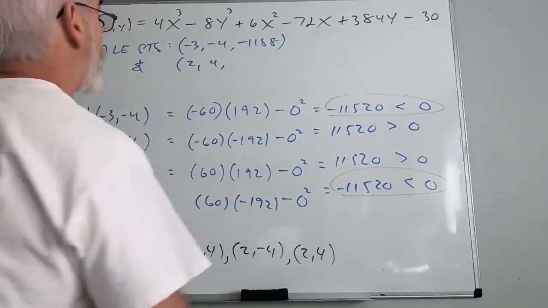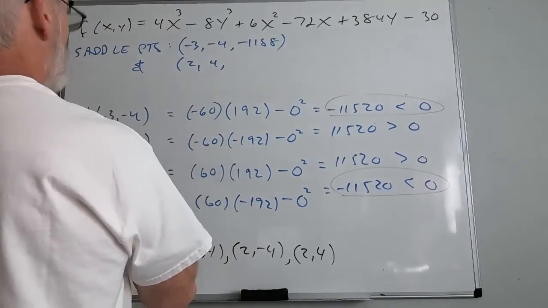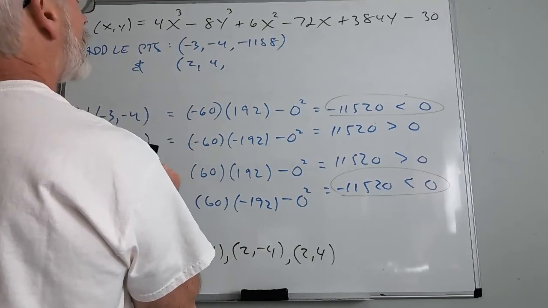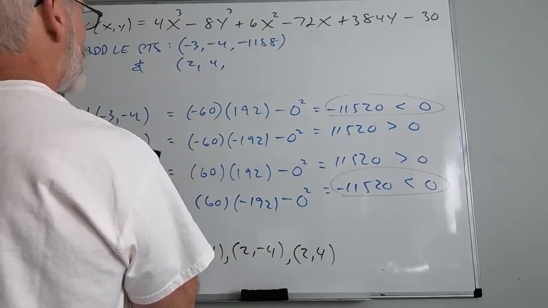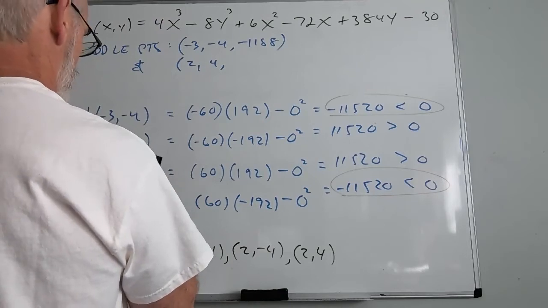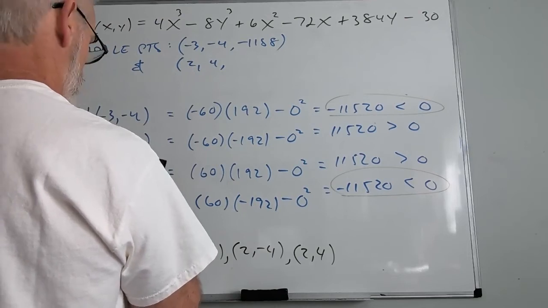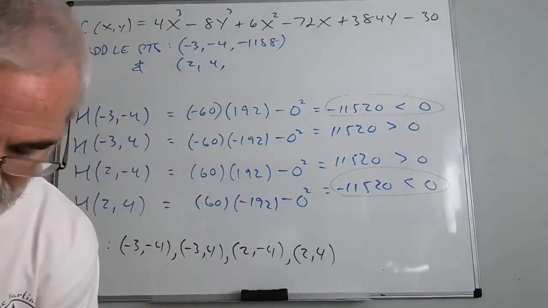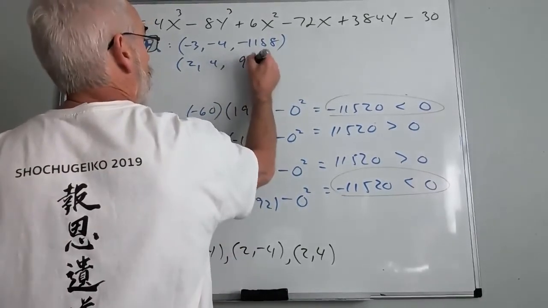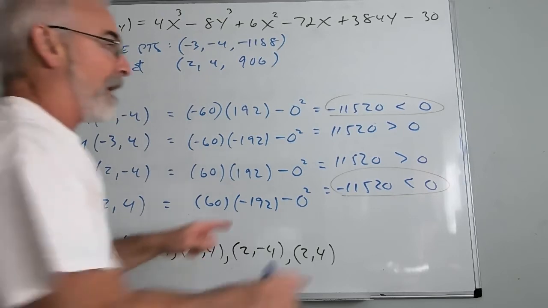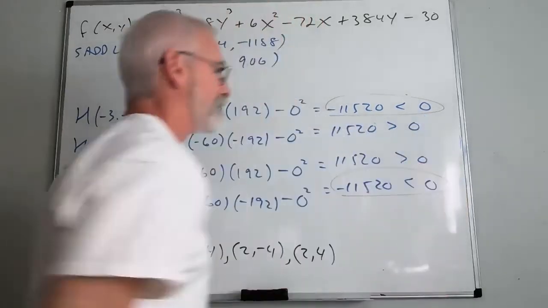And I'll do the same thing for 2, 4. And I get 906. Again, if I didn't mess that up, always double check on the calculation. So these 2 places in space, these are not values, these are places. They're addresses.